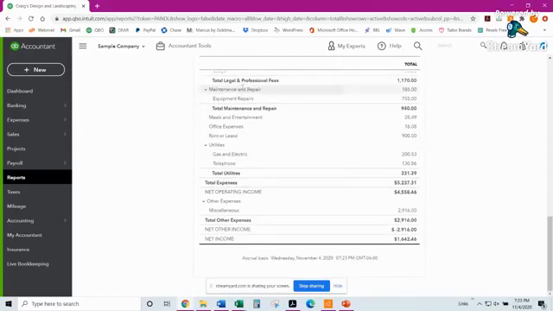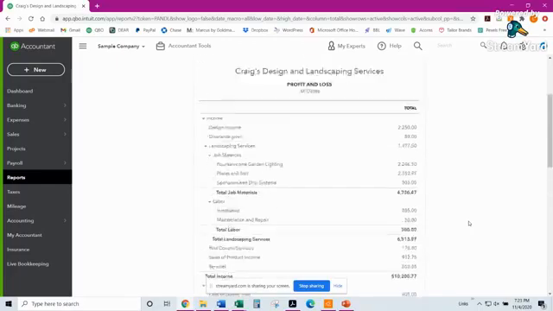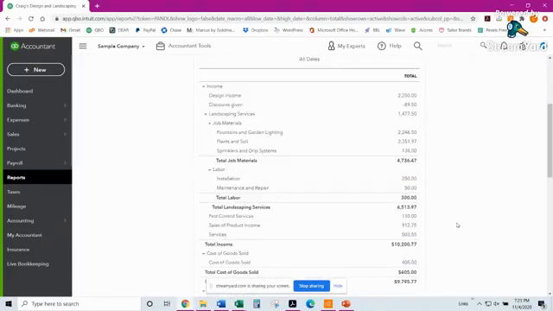You'll see that it gives you a summarized listing of every single thing that you have spent and that you have made. This is called a profit and loss report, also known as a net income report. And it's telling us, yep, that is how much revenue I had.